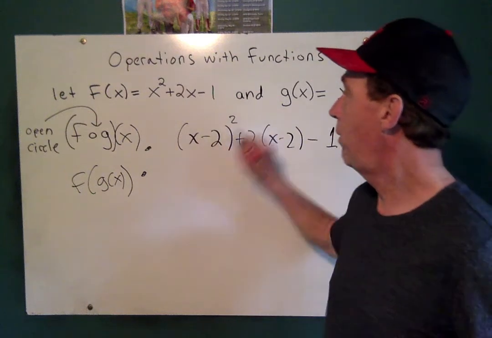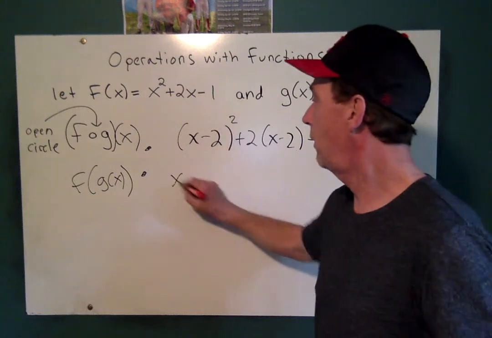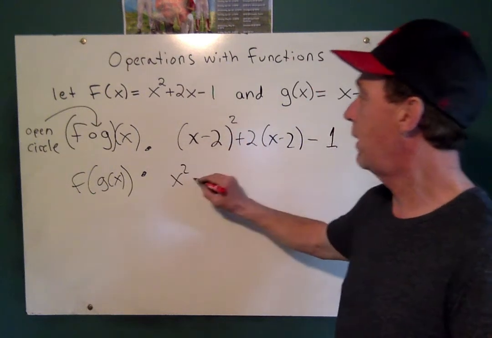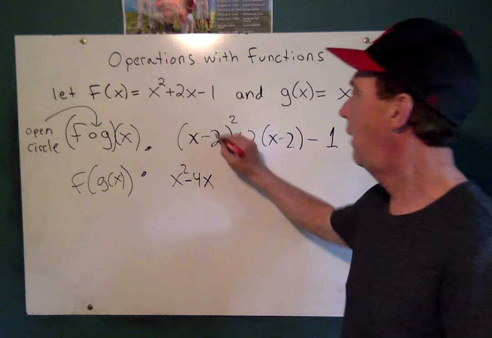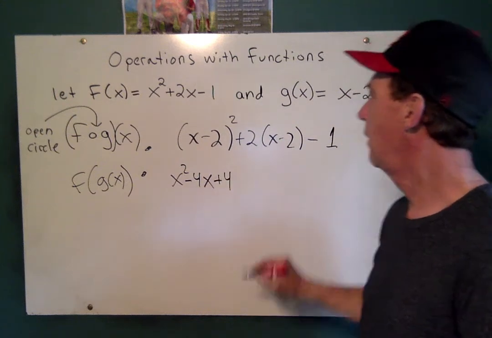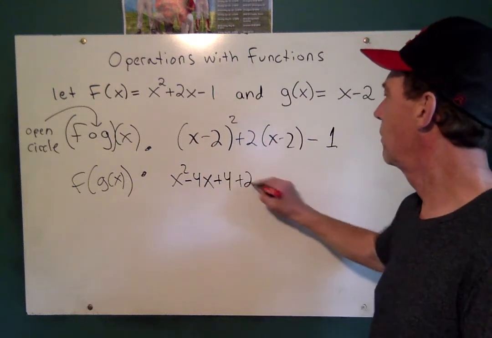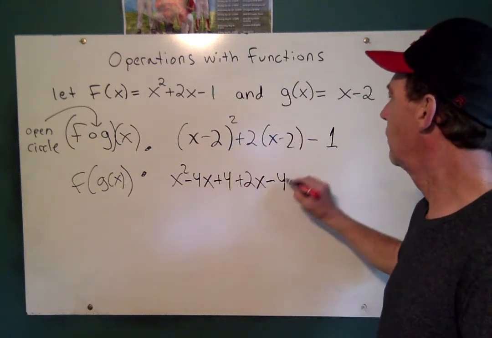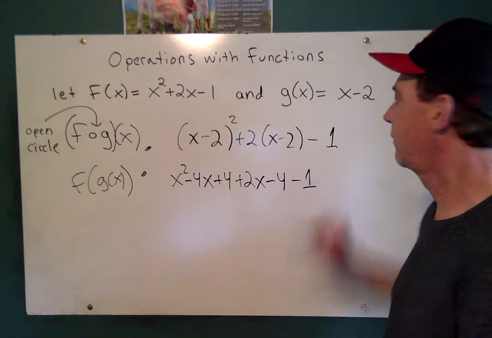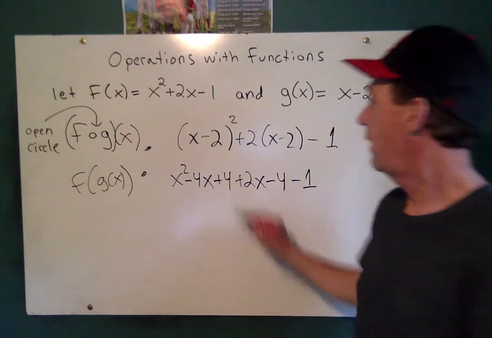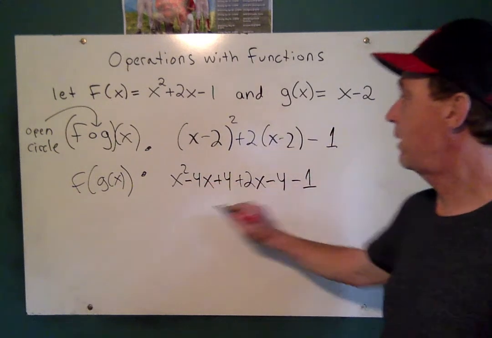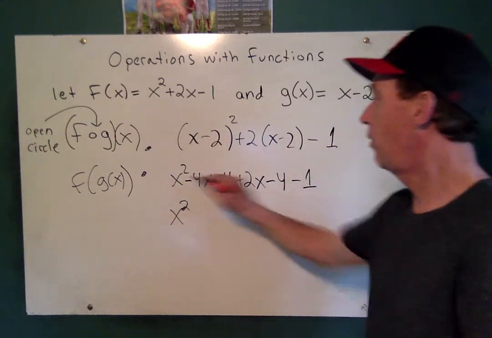That'll require squaring this out, x squared, and then multiply together and double, and square. Distribute, and then minus 1. Okay, combine your like terms. I start out with the highest power, which is x squared. There are no others.